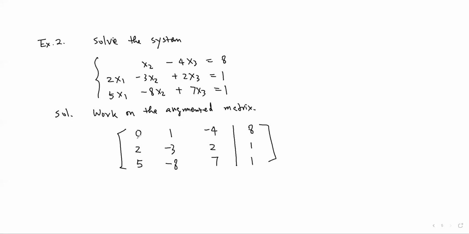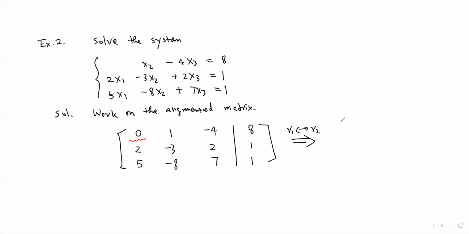Because the 1-1 entry is 0, I cannot use it to do elimination, so I switch row 1 and row 2.